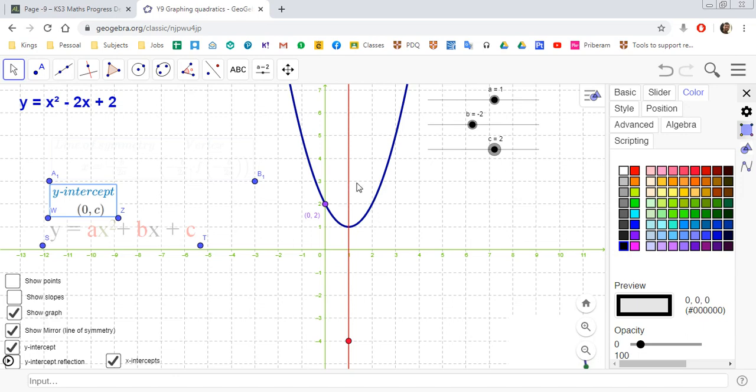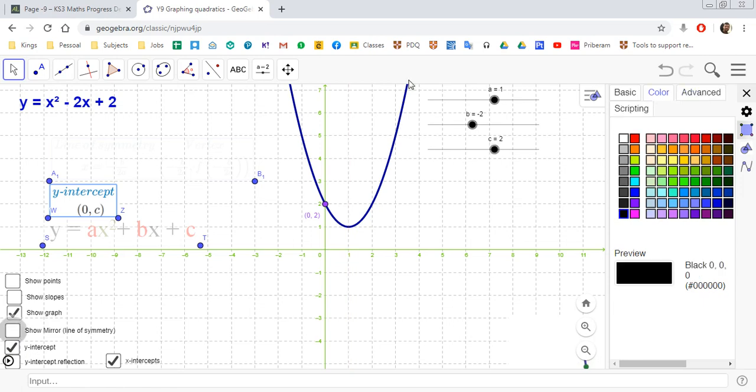Well, I have my parabola now, and my y-intercept, but look, it's not crossing the x-axis. So here you don't have x-intercepts.